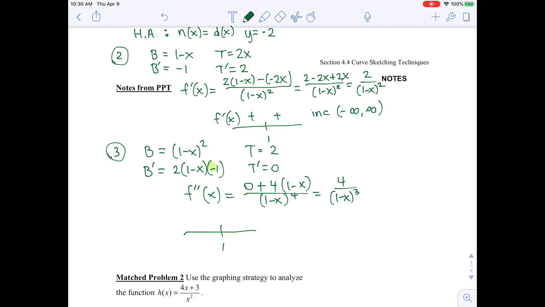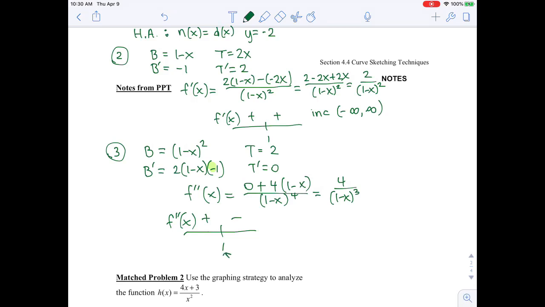So once again, our value is 1. And in this case, because the denominator is an odd power, when it is greater than 1, it's negative, and when it's less than 1, it's positive.